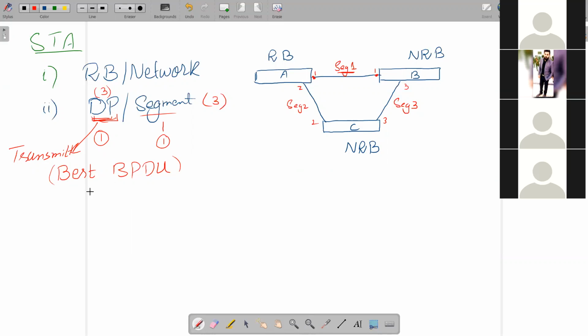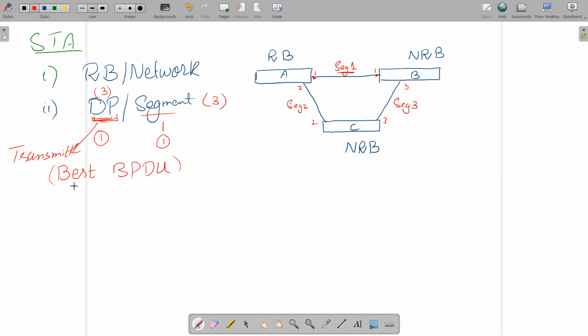Obviously, there are always 2 options, the best and the worst, superior or inferior, good and bad. So we need to figure out from both of the ports which one is going to transmit the best BPDU. But now the question is, sir, what is BPDU?